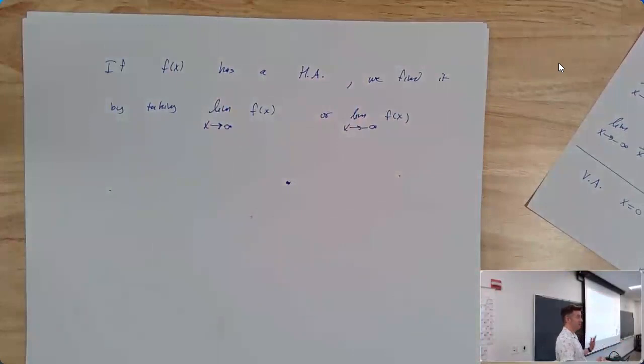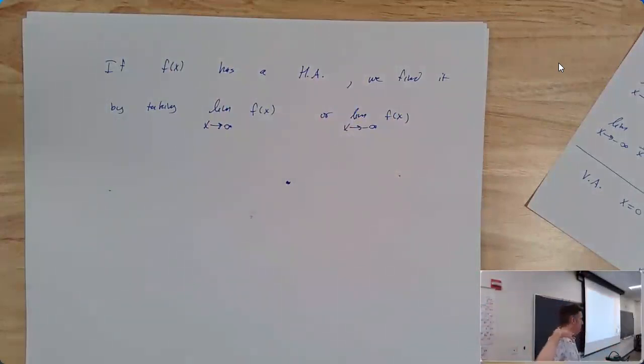That is how a horizontal asymptote is defined. All we're asking is, as the x values get bigger and bigger, or smaller and smaller, more and more negative, what value is the function getting closer and closer to? Maybe crossing it a bunch of times, maybe not.